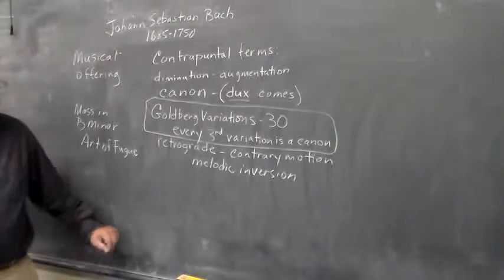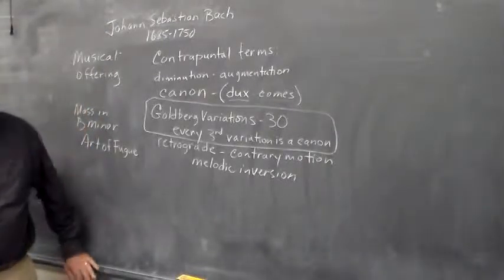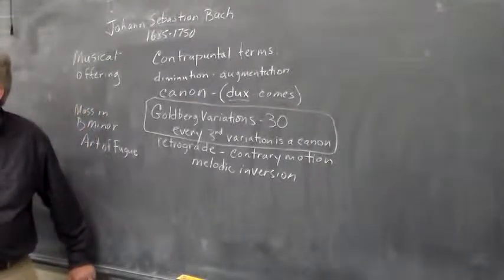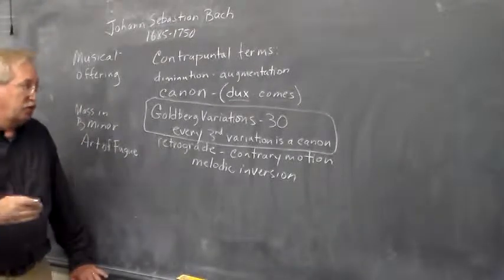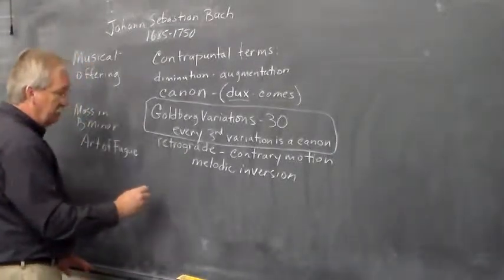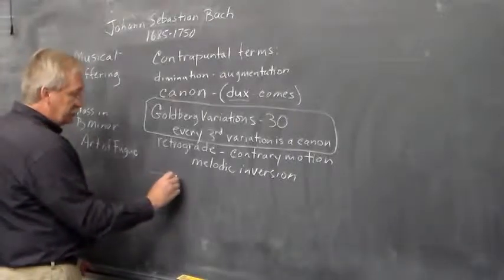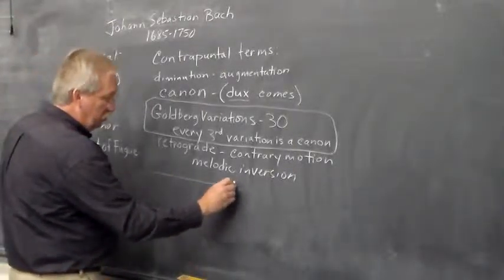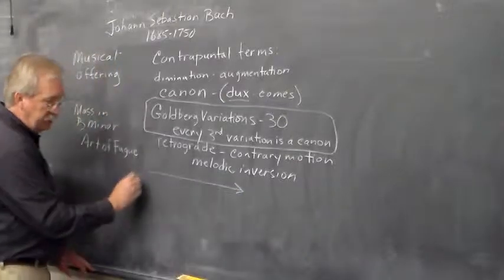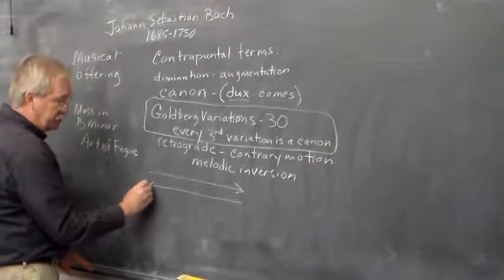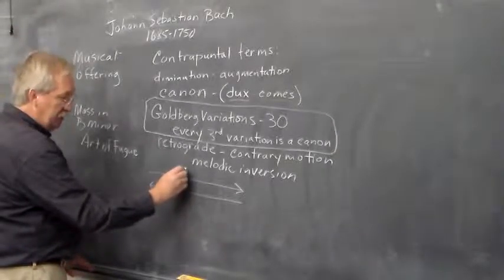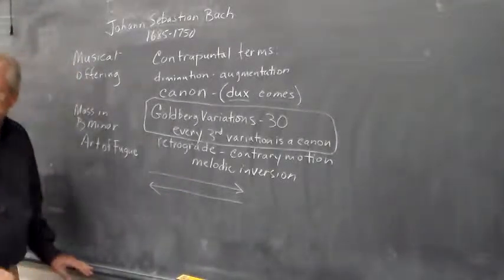And he presented them this great work that's called the Musical Offering, that's based on this theme that Frederick the Great gave him. But you have in that a retrograde canon, which has this melody that is accompanied by the backwards version of itself. And so they meet exactly halfway through.